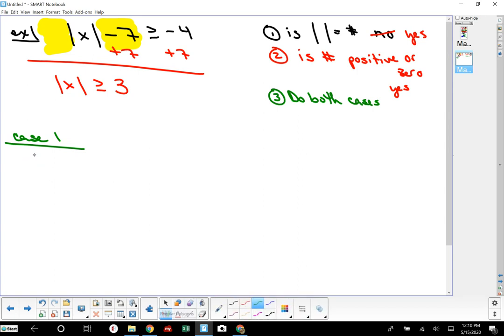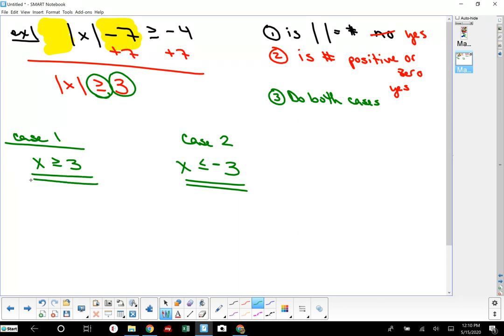Like, done. There's nothing to do to it. Okay, and then we have case 2, which is x, we flip this around, less than or equal to, and then we negate this and make that -3. Okay, so there was no actual math to do. This was a little bit simpler question.